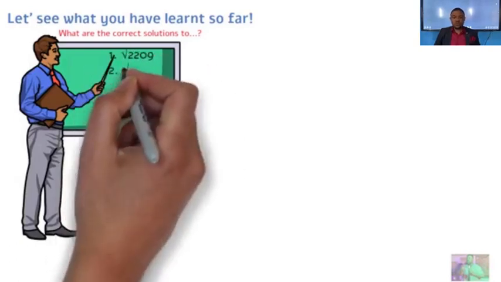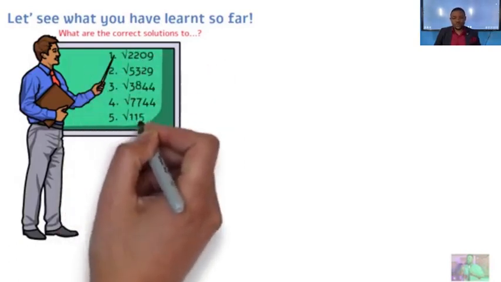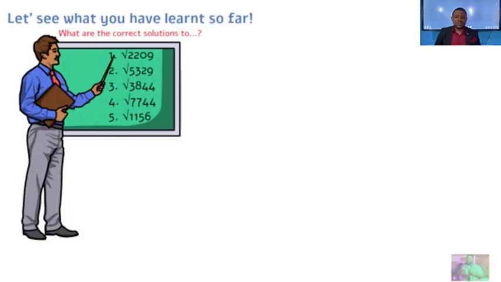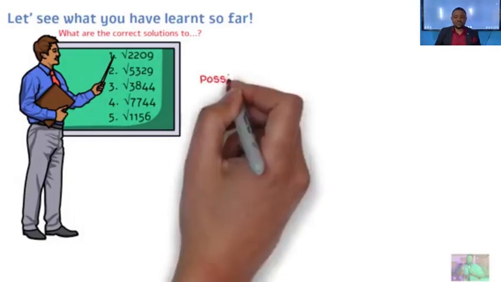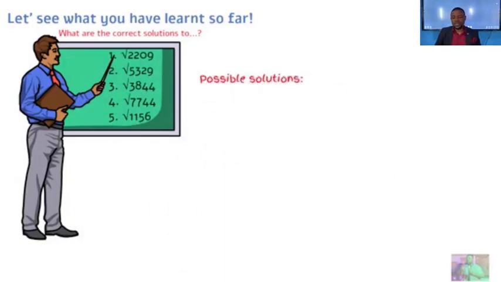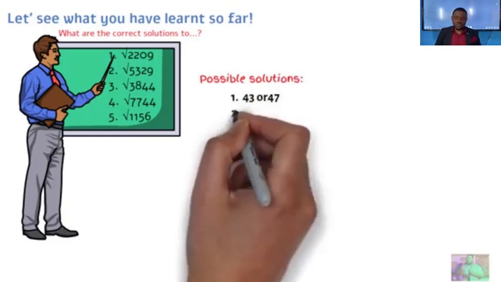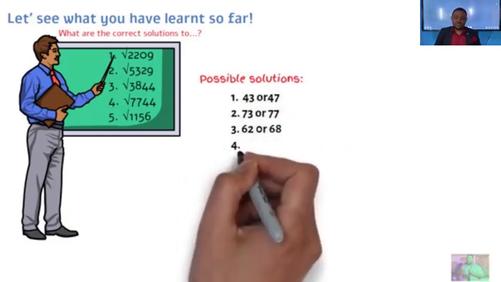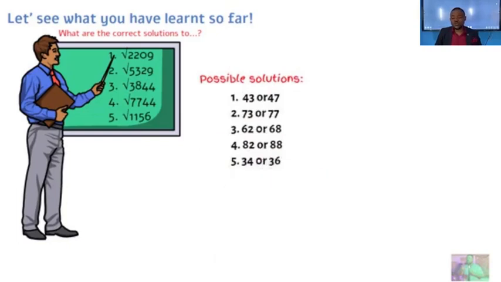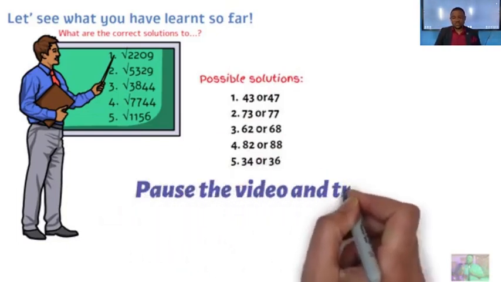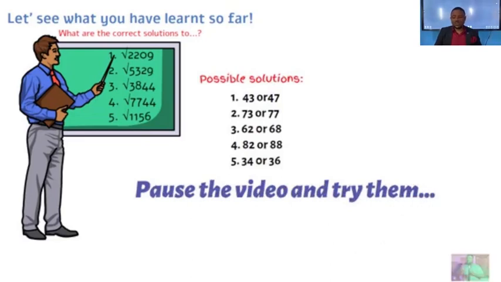I'm giving you the square root of 2209, 5329, 3844, 7744, 1156. The possible solutions for each of them are 43 or 47, 73 or 77, 62 or 68, 82 or 88, and 34 or 36. So pause the video and then apply what you just learned and see what you're going to get.